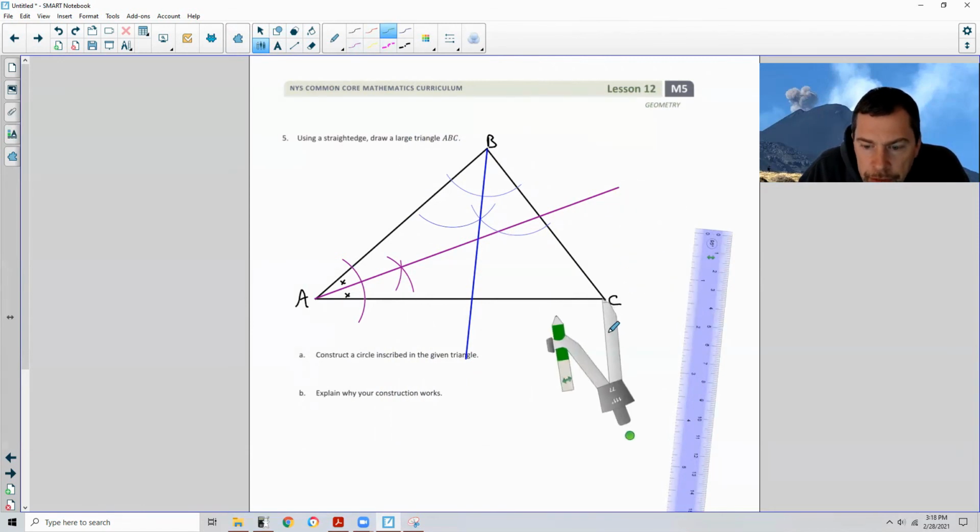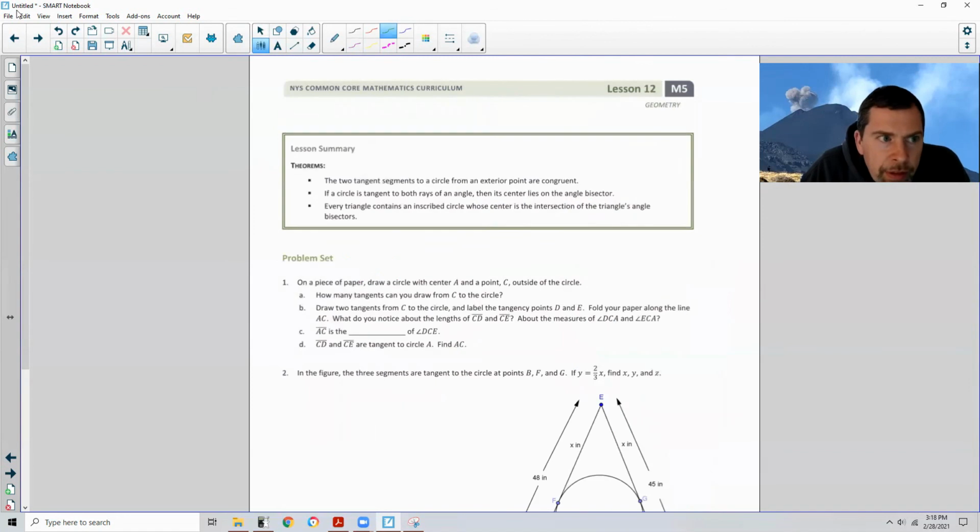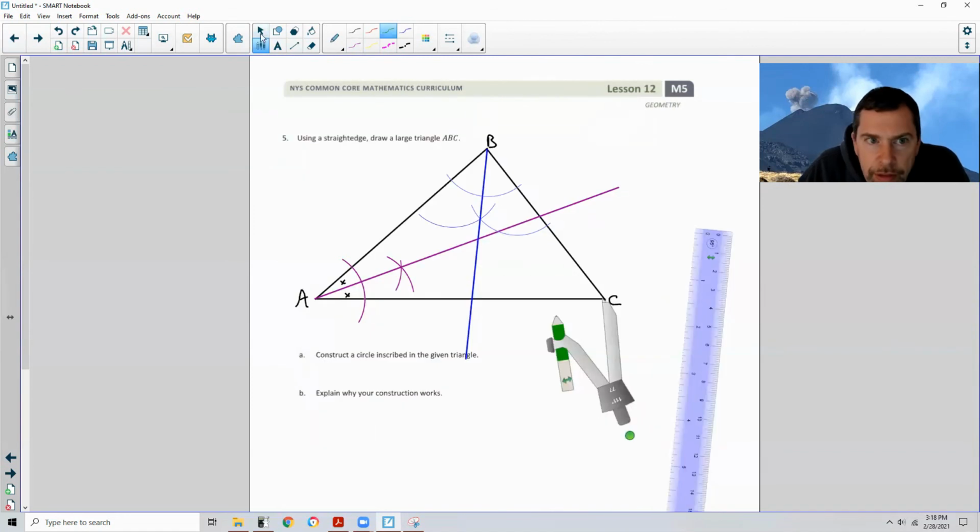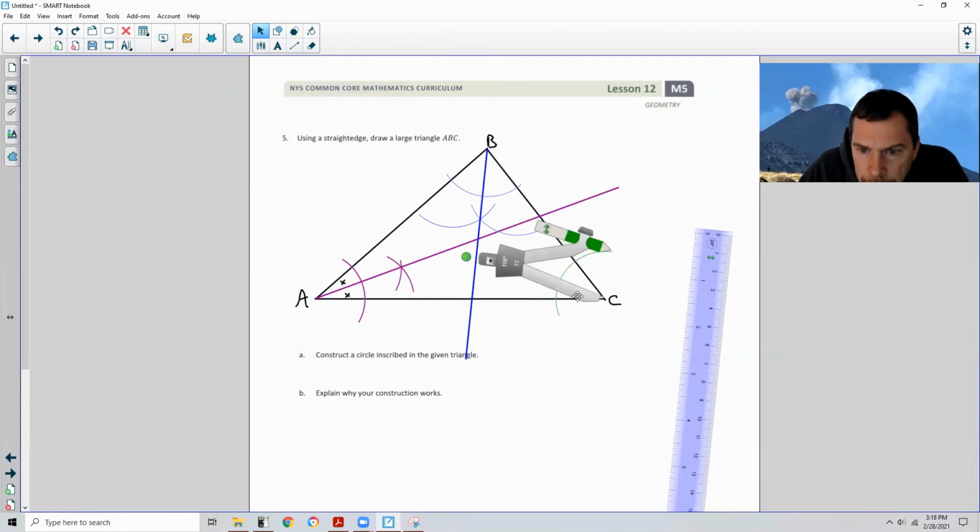Put my stylus right on C right there, draw my arc, move this over to here. Draw an arc, move this up to here. And find where those two arcs intersect.